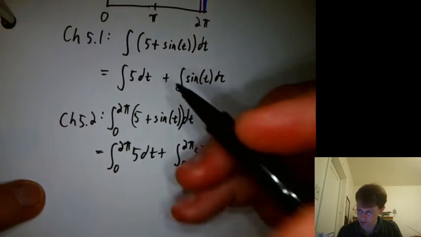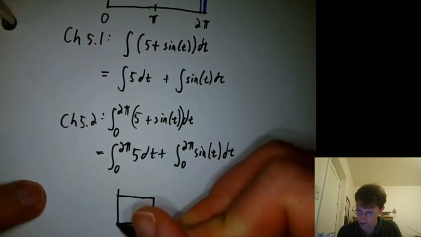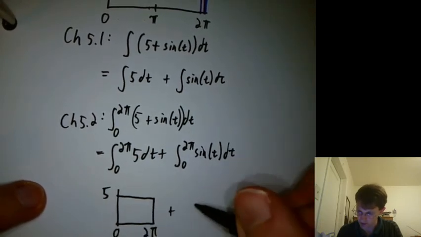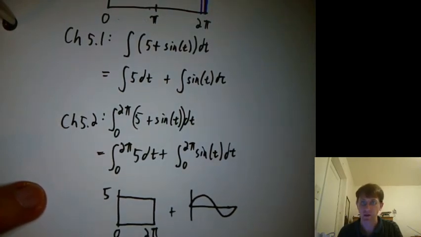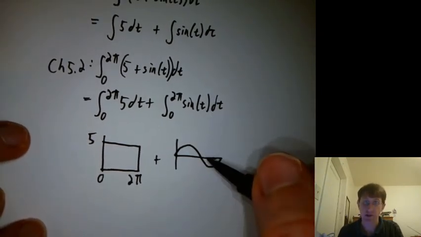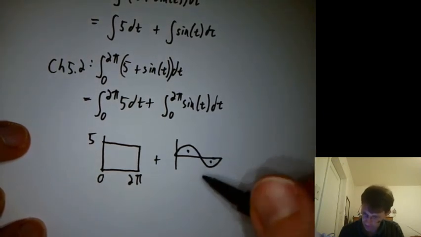So we're saying that first area is a box of height 5, from 0 to 2 pi, and the second area, we've got the sine wave going on as before. And what did we say about the integral of a sine wave? Well, this area exactly cancels that area.